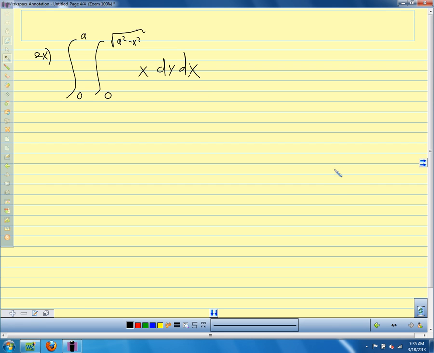We want to change this to polar coordinates, so we want to evaluate in polar coordinates. So let's draw our region.